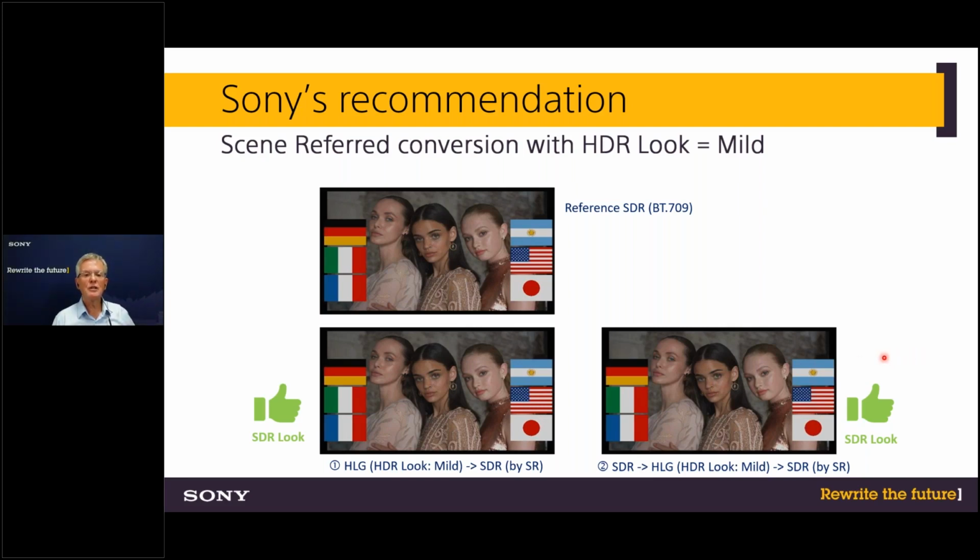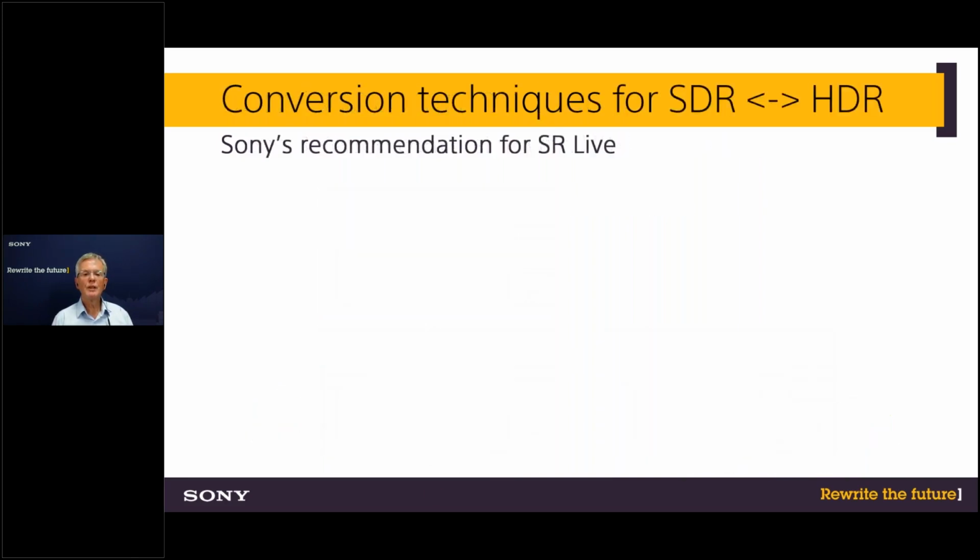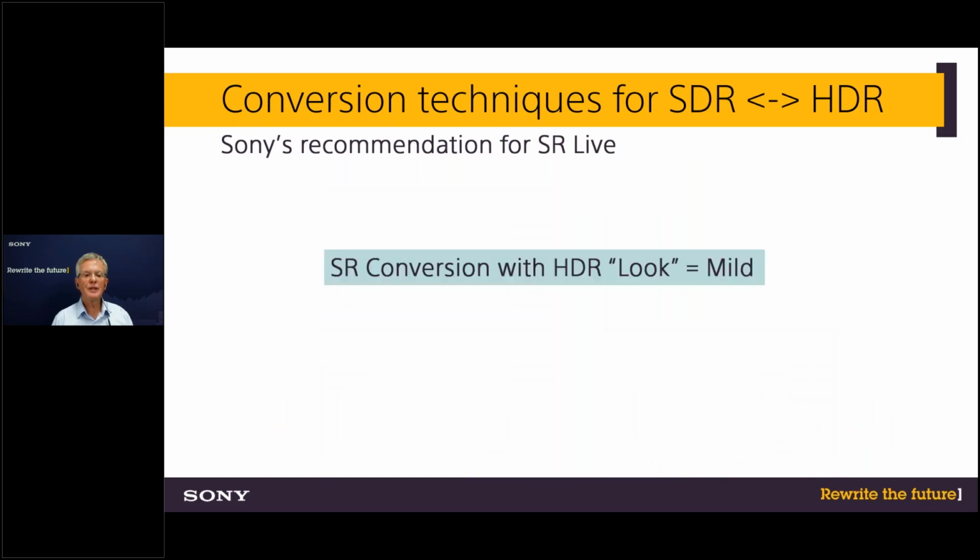A good match in each case. So to summarize, Sony recommends SR conversion, scene-referred conversion, with HDR look equals mild. And you can take a look at the SR Live white paper that I mentioned earlier for more information.